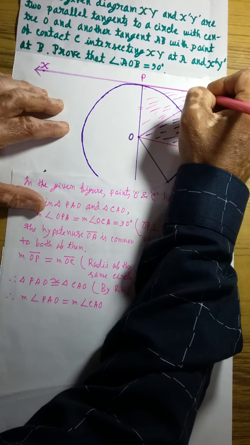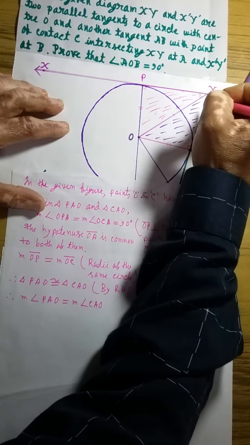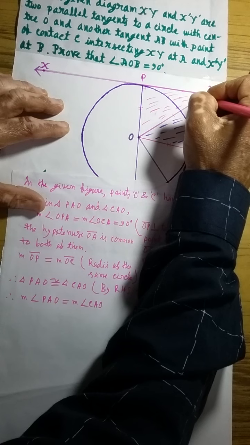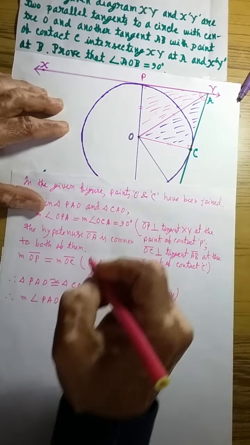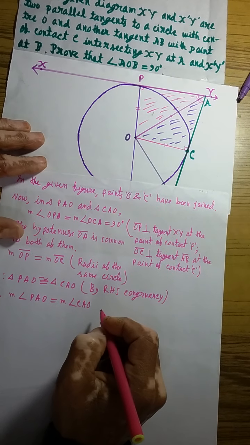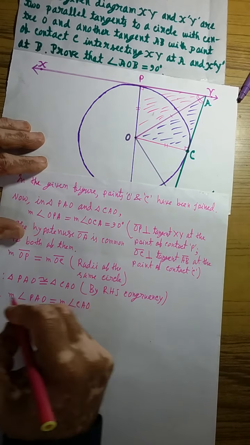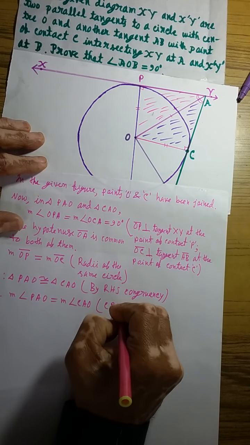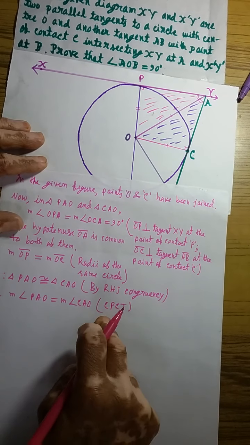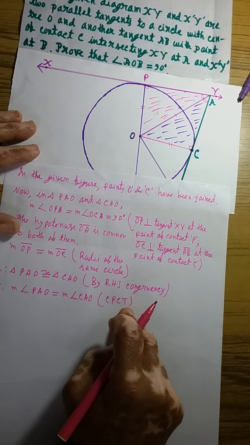This angle, measure of the angle PAO and measure of the angle CAO, are equal to each other. Write within bracket CPCT, corresponding parts of congruent triangles.